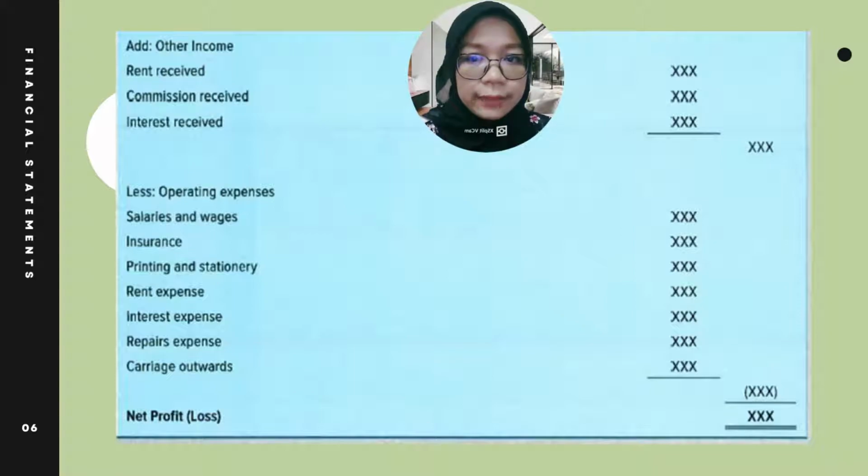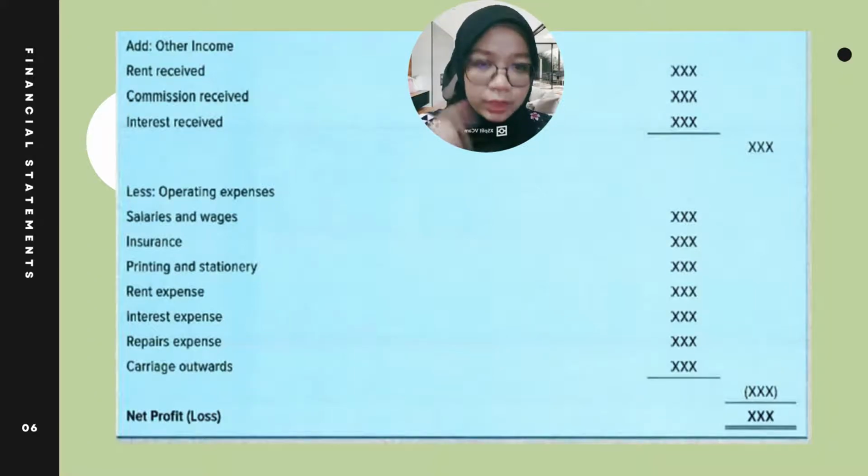And then gross profit plus other income minus operating expenses, you should get your net profit or net loss figure. Note that this figure should then be transferred to the next statement, the statement of financial position.